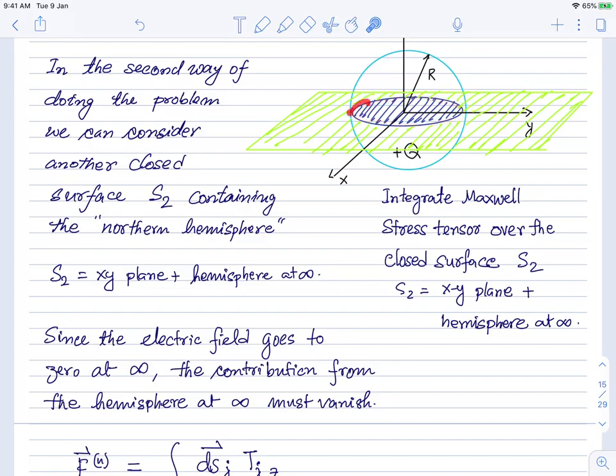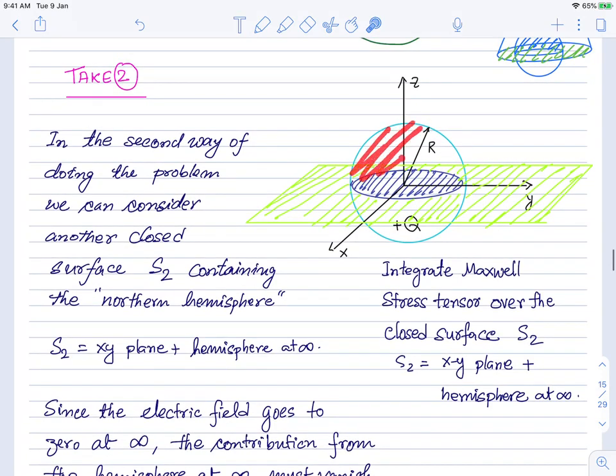This region inside the disk we have already considered, and we have calculated the integration of the Maxwell's stress tensor on this disk. Again, the surface is pointing in the negative z direction, so let's close this on top. We have to do that because we are interested in the force on the northern hemisphere, and that must be contained within the volume.